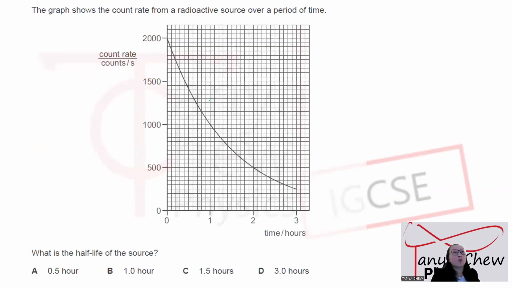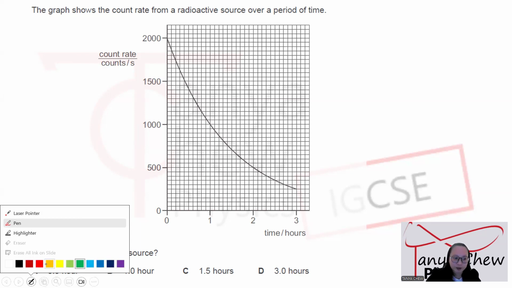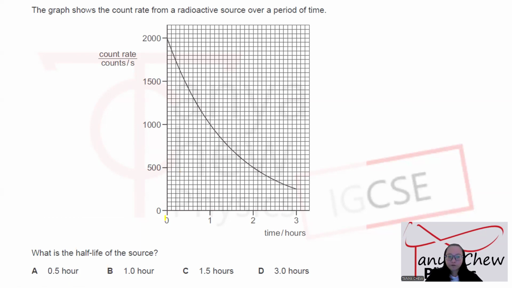What about this? What if the graph is given? I talked about the table, I talked about the sentence, and what about the graph? The graph shows the count rate from a radioactive source over a period of time. What is the half-life of the source? When a graph is given and no background radiation is mentioned, first of all, look at time equal to 0.